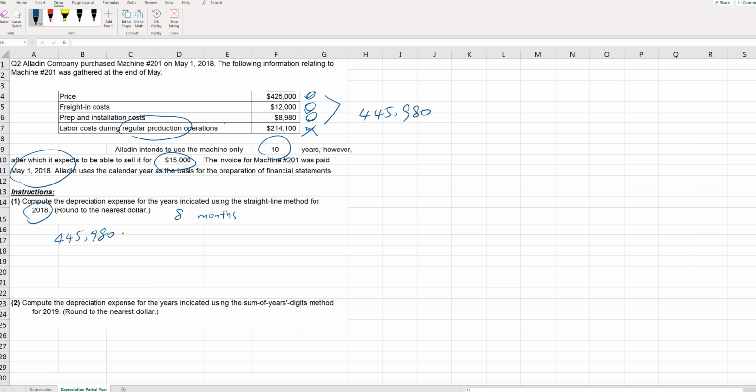So let's do that. We're going to find out the full year depreciation. We're going to find the depreciable base divided by its useful life, 10 years. So this is going to give us the full year depreciation expense.